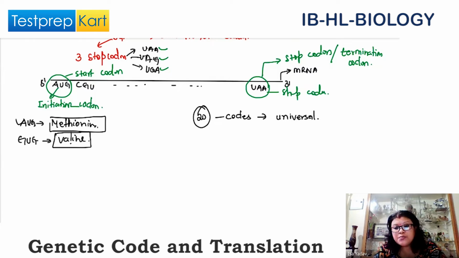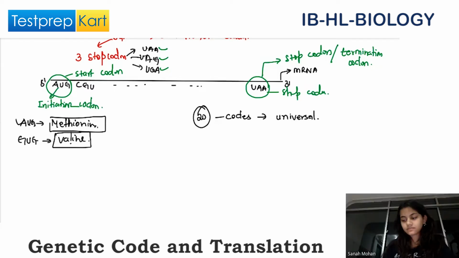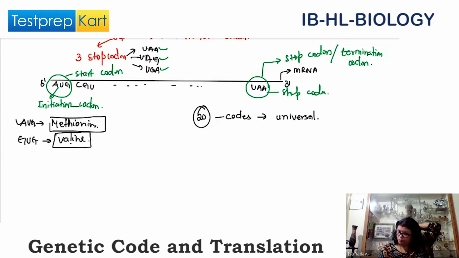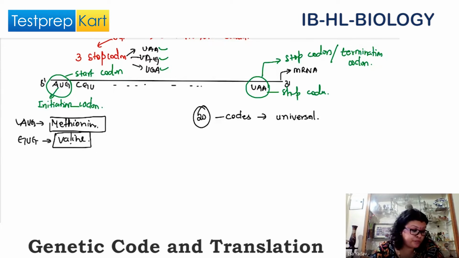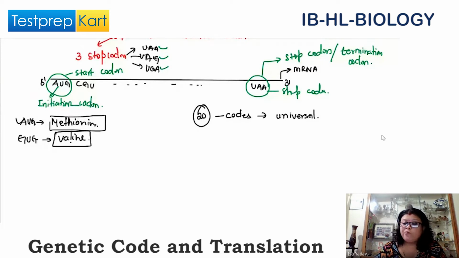Translation is called protein synthesis. Sana, have you understood triplet codons? If you want some time, take time and go through, because I don't want you to just pile up. Triplet codons are very important. Without them, you cannot understand protein synthesis or translation. Okay, let's see this. We'll do the process of protein synthesis.